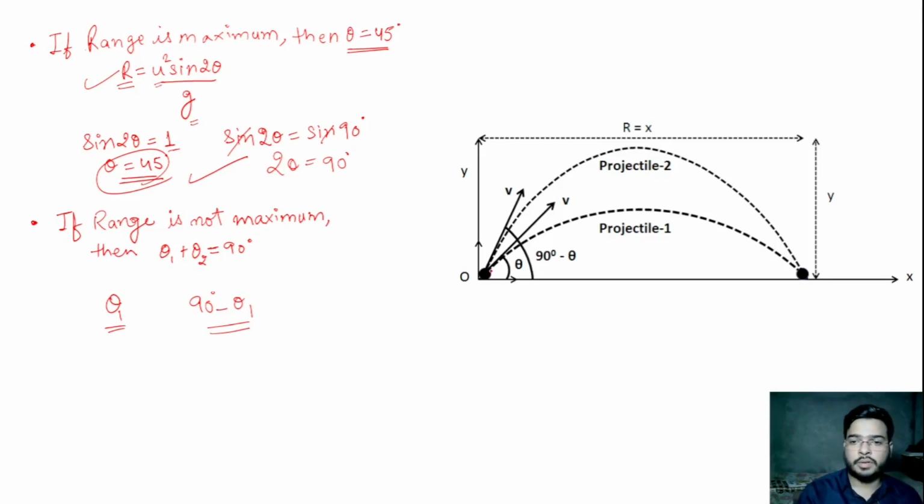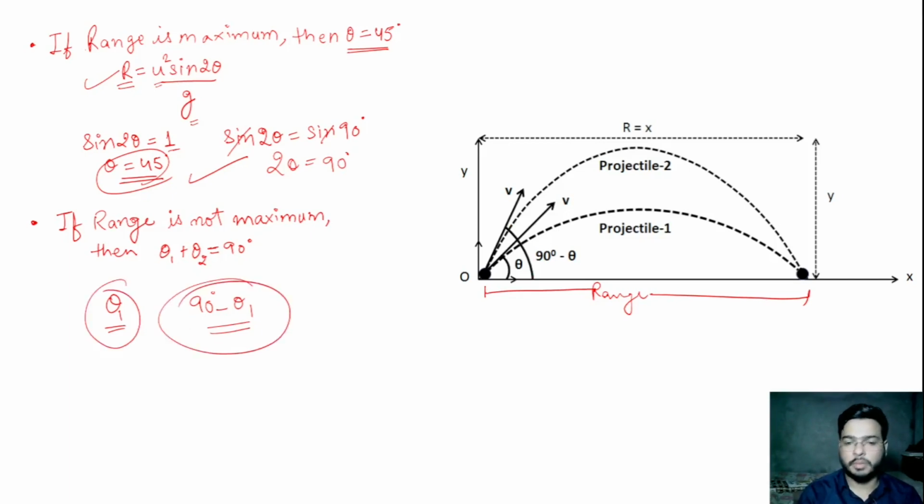Now see, for example we have a ball and this is the range, so the range for this projectile and this projectile is the same. This can only happen when this is theta and this is 90 minus theta. Then only we can say that the range will be the same, and there may be two possible angles. Okay, so you must remember this also.